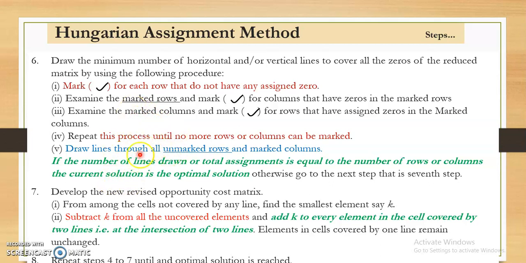After drawing the lines, we have to develop a new matrix based on these rules. Based on the uncovered elements, covered elements, and the intersections of lines, we have to prepare a new table, and then make assignments and check for optimality. We proceed up to step number 7 till the solution is reached.